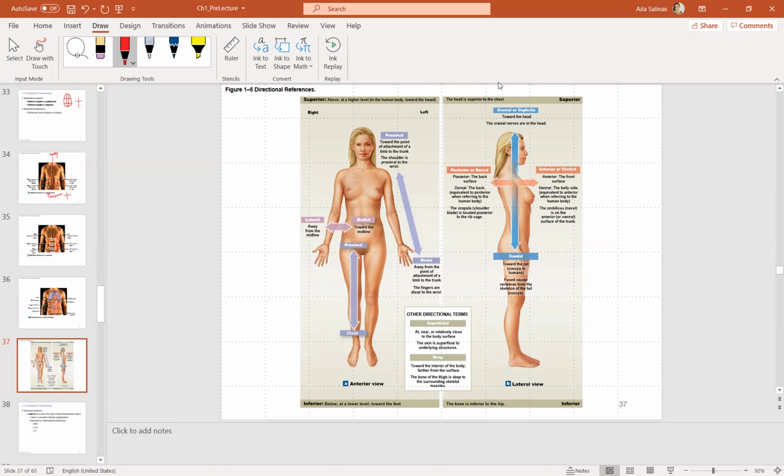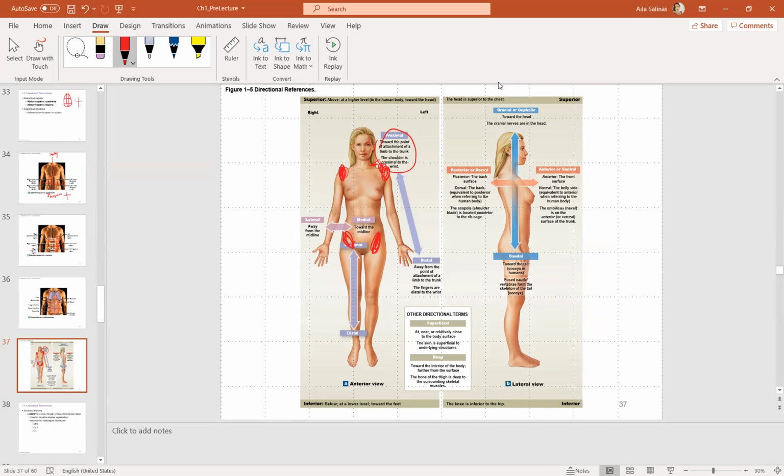And we have the proximal. Proximal refers to the portions that are closer to the joints, mainly the joints that attach the appendices to the middle portion, to the axial skeleton. So here we have proximal because it's close to the joint that connects the appendices to the actual skeleton.